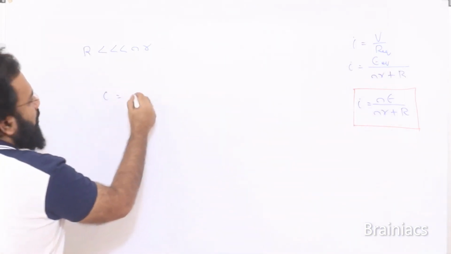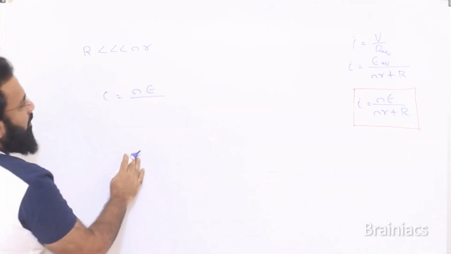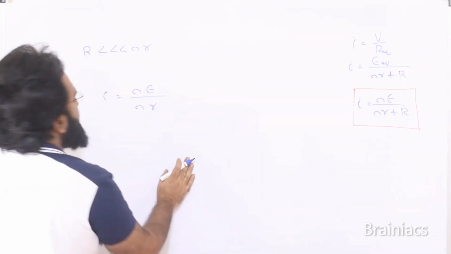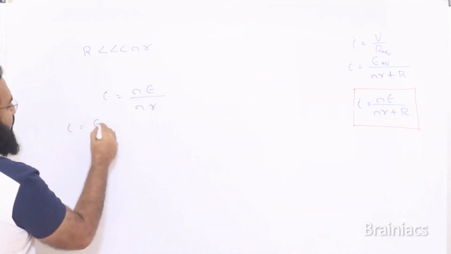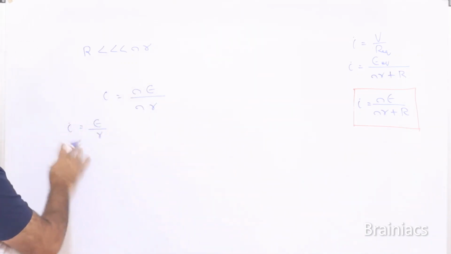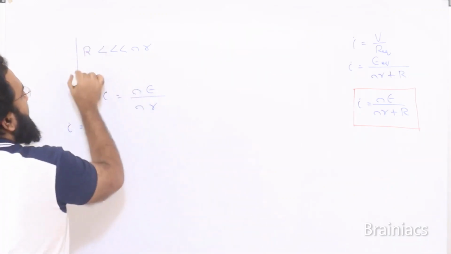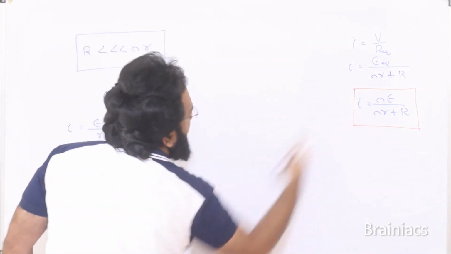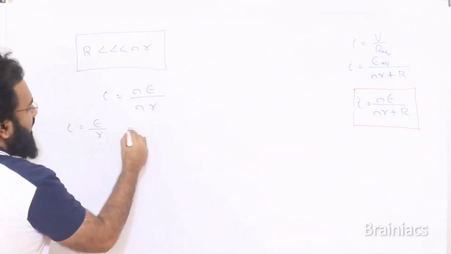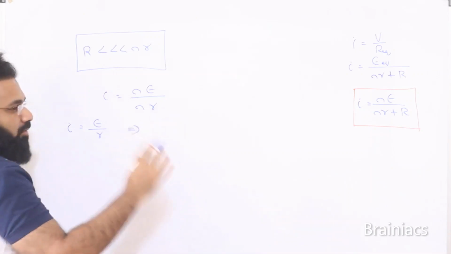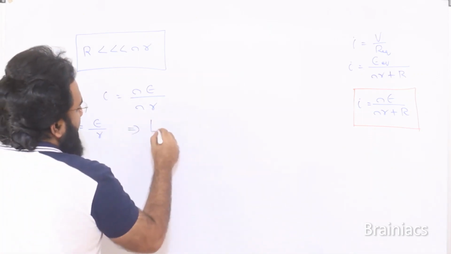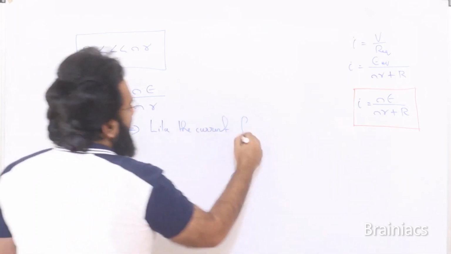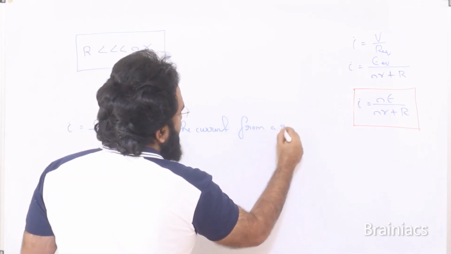I is equal to NE divided by, this is going to be like NR, neglecting this R. So I is equal to E by R. So if external resistance is very much less than the combination of resistances, then the current will be like the current from a single cell.